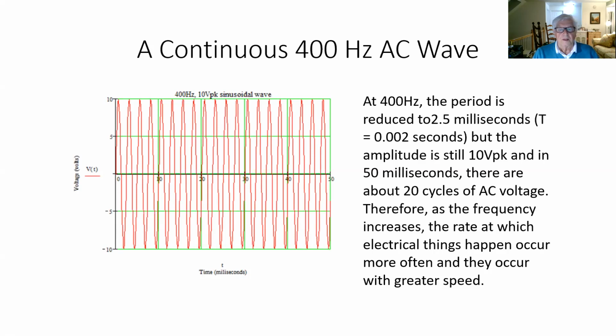And you see at 400 hertz how quickly you get repetition. So we've got about 20 cycles of waves in 50 milliseconds pictured here. Okay. And so there's a lot that can occur in that time. The time is in milliseconds, and because of this, changes occur at very, very fast times.